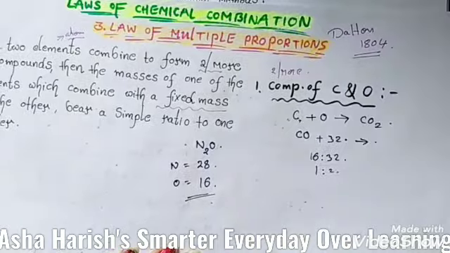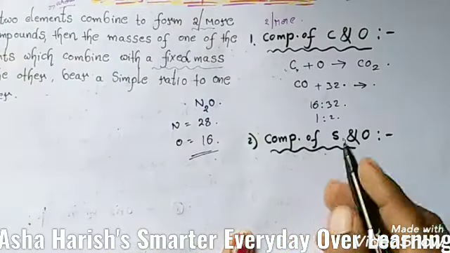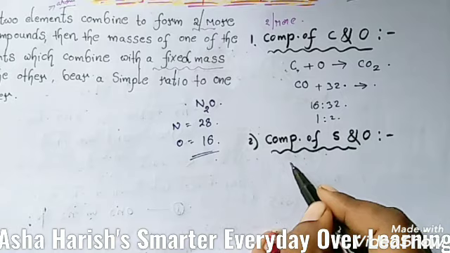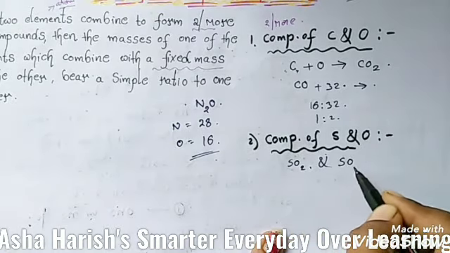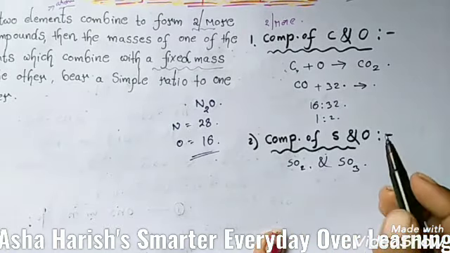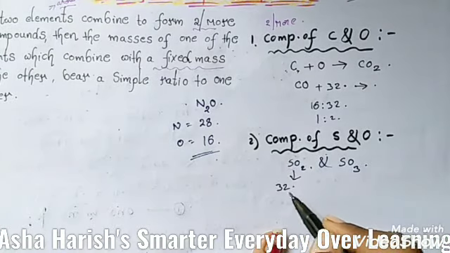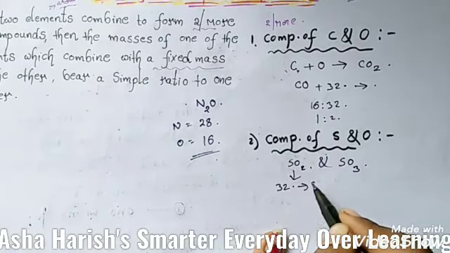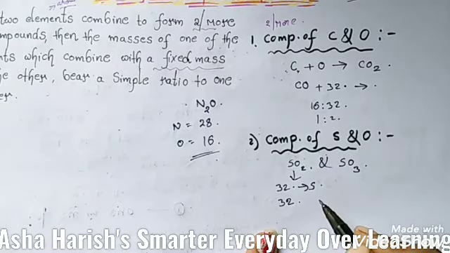Second one, compounds of sulfur and oxygen. Like carbon, the element sulfur also forms two oxides, sulfur dioxide and sulfur trioxide, SO2 and SO3. In sulfur dioxide, 32 parts by mass of sulfur combine with 32 parts by mass of oxygen.